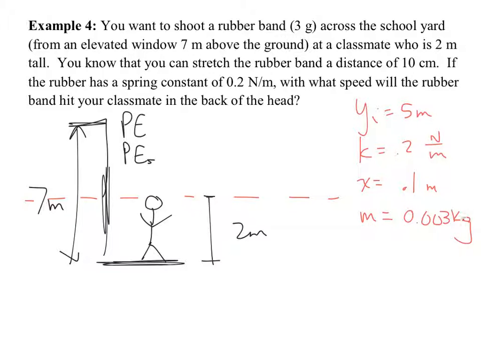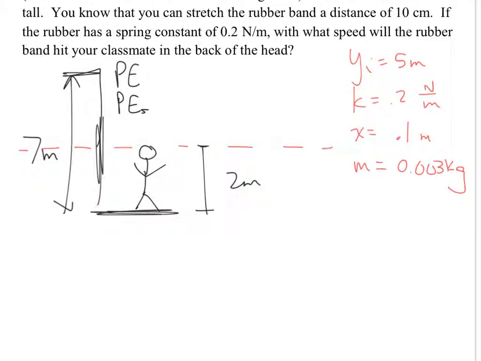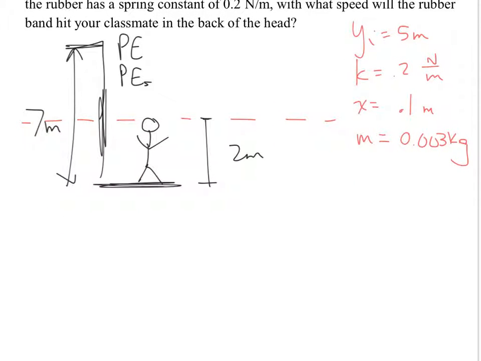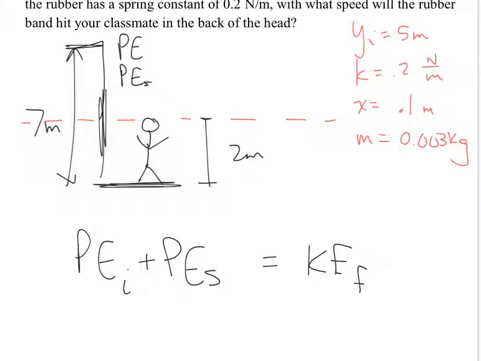So the mass is going to come into play now. We have to consider the mass of this object. We've written down every piece of information we know. Let's look at our formula. We've got potential energy in the beginning. We've got potential energy in the spring, or the rubber band, in the beginning. And when it hits the person, it's all kinetic. Why do I know it's all kinetic? Because I'm calling the person's head ground level.